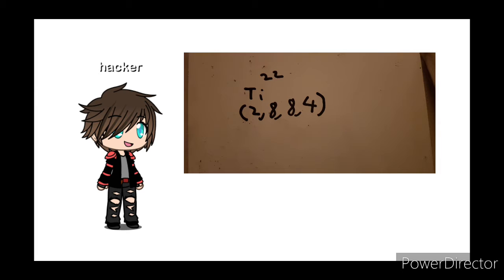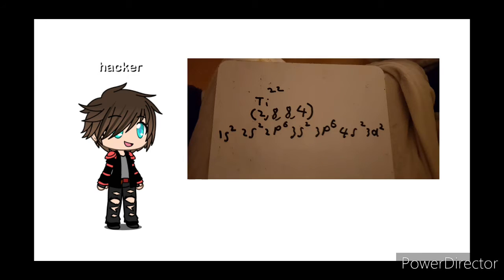This is highly effective because these are the shells. Now you have to put them into the subshells. So it would become 1s squared, 2s squared, 2p⁶, 3s squared, 3p⁶, 4s squared, and 3d squared.